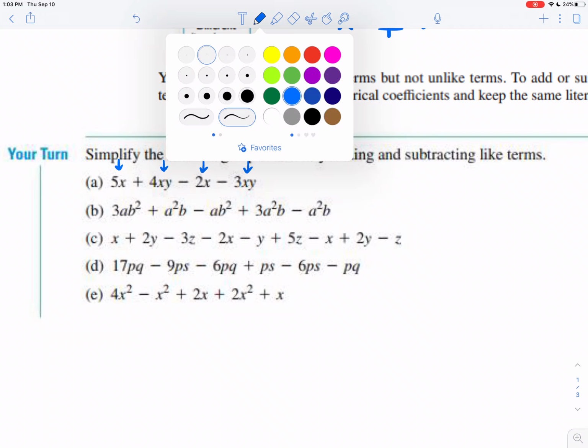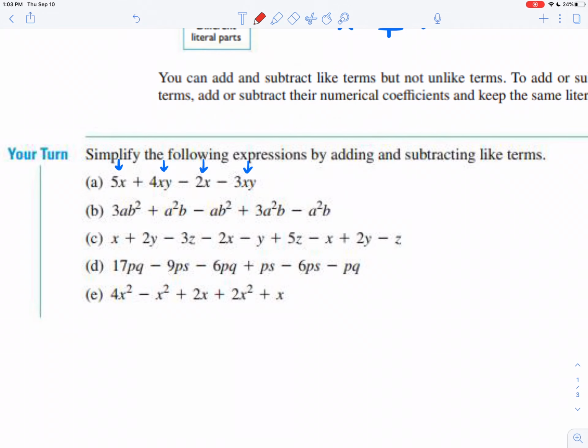And if I look for terms that have the same literal parts, the first ones I see are the x's. Those have the exact same literal terms. So I look at the numerical coefficients. I have a 5 minus 2. That's going to give me 3. And remember, the literal part, the variable, stays exactly the same.